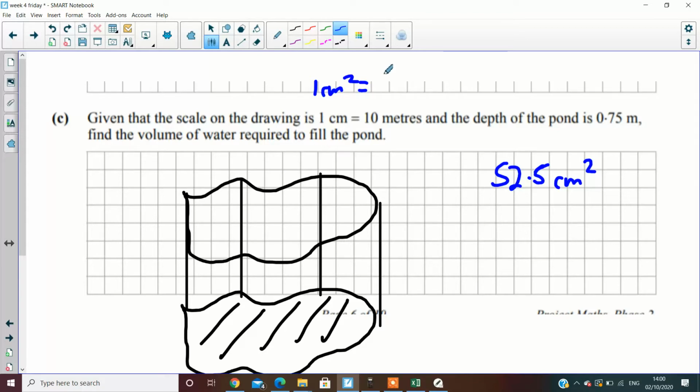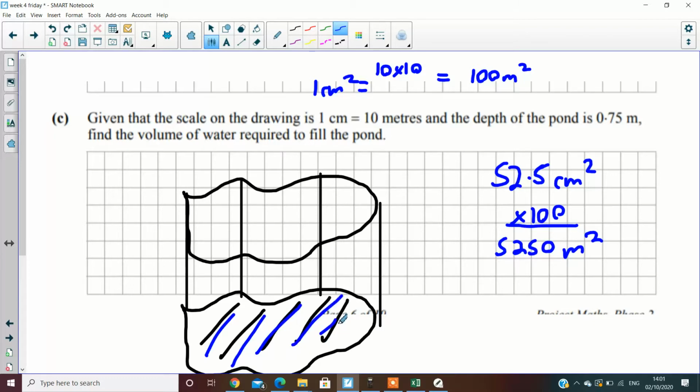Only for this drawn, for nothing else, only for this drawn. 10 multiplied by 10, which is 100 meters squared. Is that okay with you guys? Now, multiply 52.5 by 100, and what do we get? 5,250 meters squared. That's the area of the water.